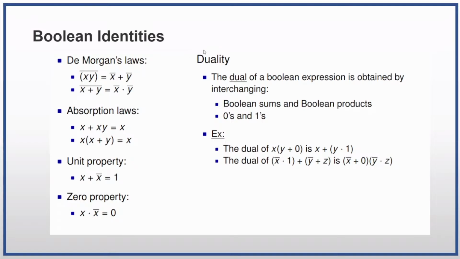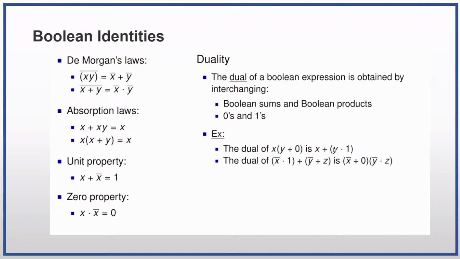But in duality, it is similar to De Morgan's, but these inputs do not change. So you can see the dual of x and y or 0. Here x is kept as x, but the sums become products and the products become sums.